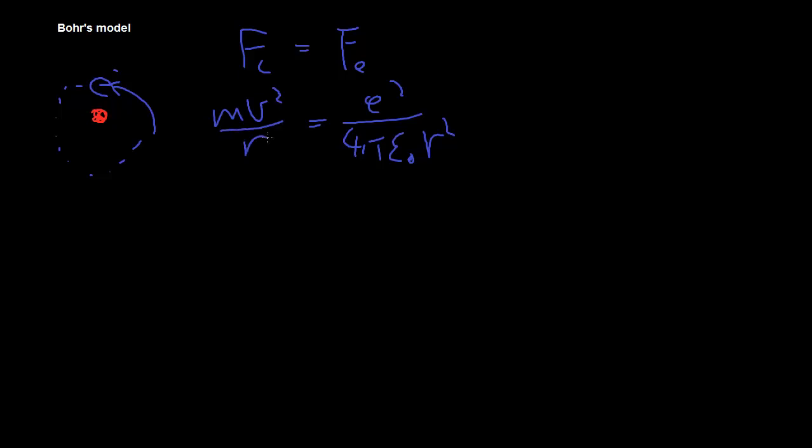Supposedly it's in a stable orbit, so we can talk about equilibrium and say that the centripetal force is equal to the electric attraction force, so that's e squared over 4 pi epsilon naught r squared, and Fc is of course m v squared over r, knowing then v is equal to omega times r.